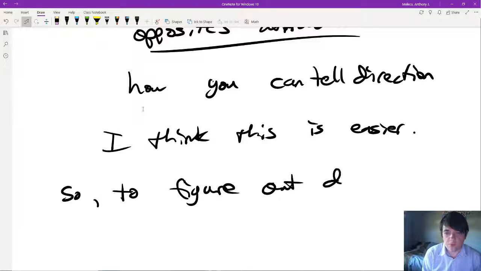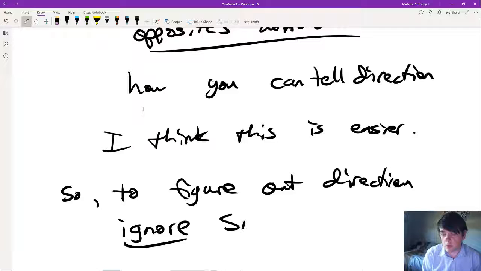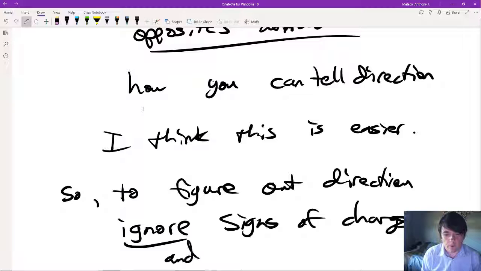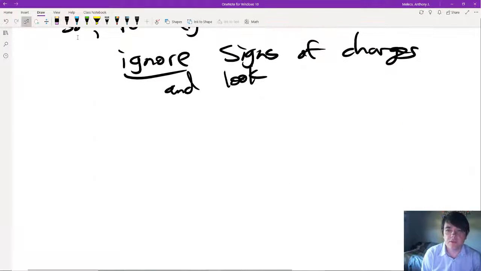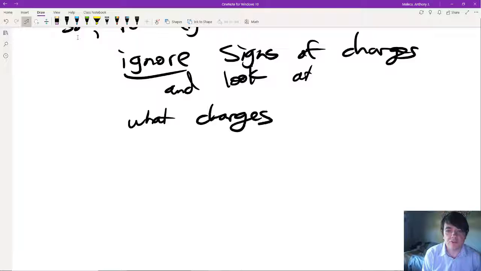So to figure out direction, ignore signs of charges and look at what charges are present, okay?